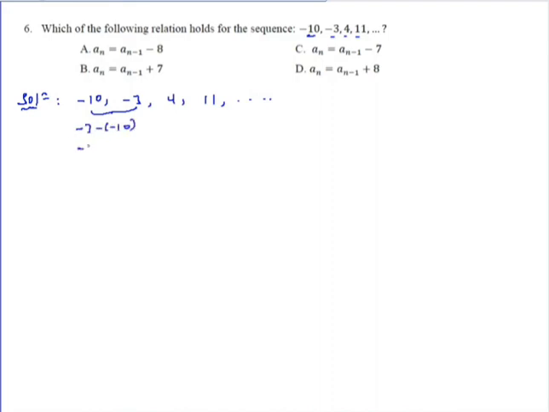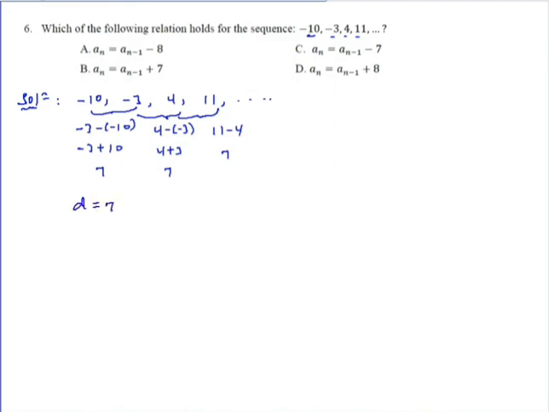The difference is minus 3 plus 10, which is 7. Between minus 3 and 4, 4 minus of minus 3, which is 4 plus 3, the difference is 7. Between 4 and 11, 11 minus 4, the result is 7. So if we see the difference between the consecutive terms, there is a common difference.